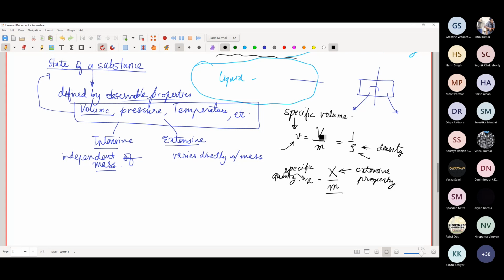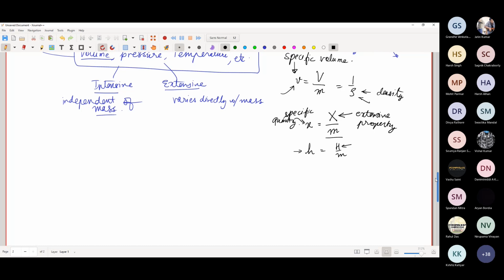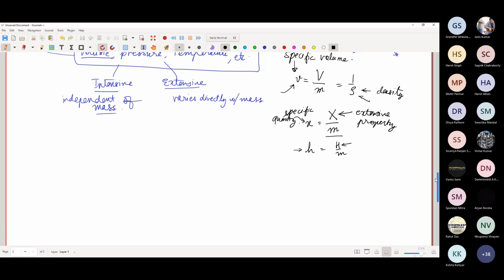In this case, it was volume, and then it became the specific volume. I'll just give you an example. Small h equals capital H over m. Capital H is the enthalpy, small h is the specific enthalpy. Okay, we'll get to these, but I just thought you should know this. All right.